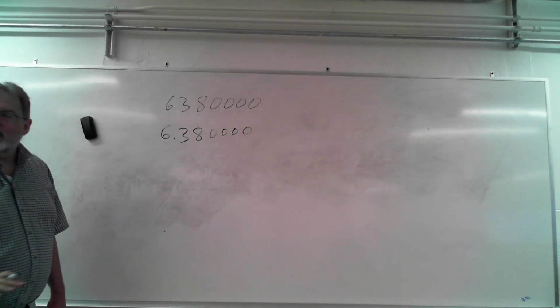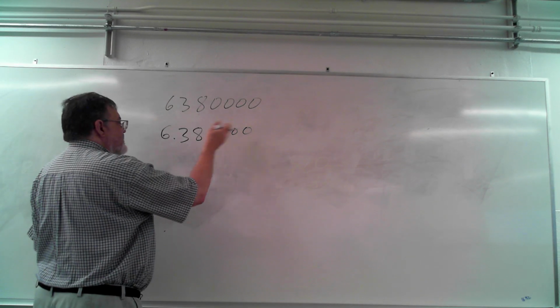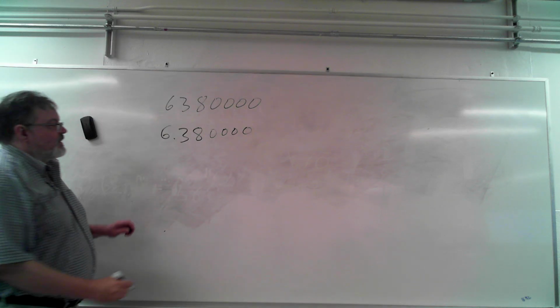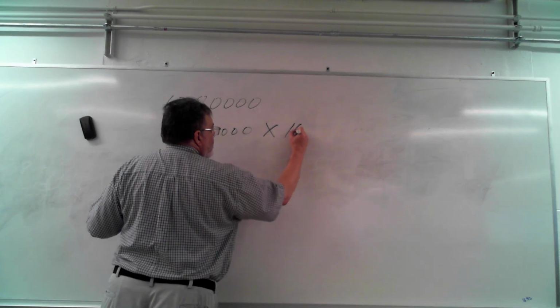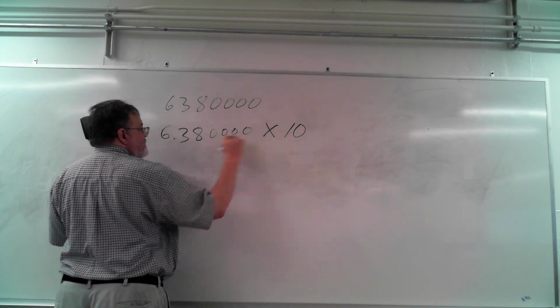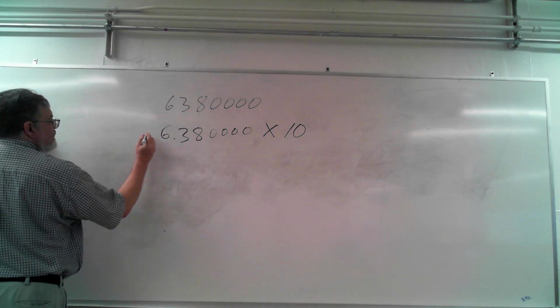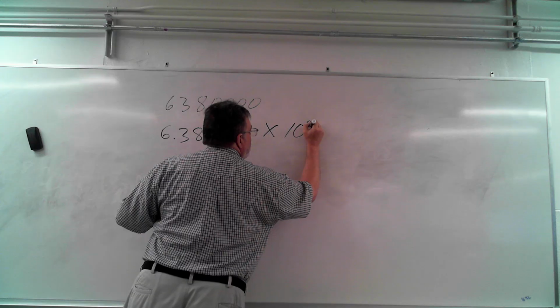So doing it a different way. Just move the decimal and put it where it's supposed to be and write it down below there. And then ask yourself, what do I need to put here to turn this number into that?